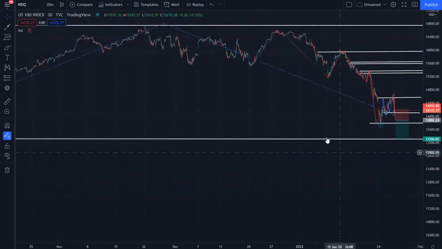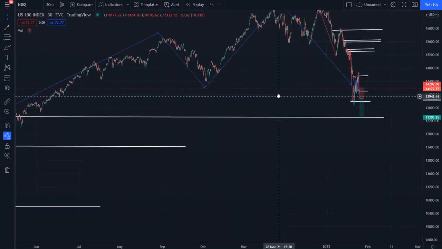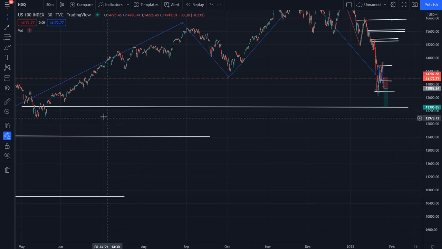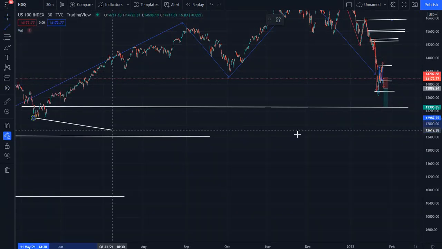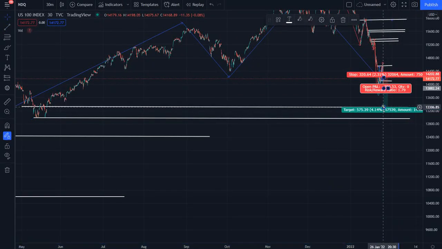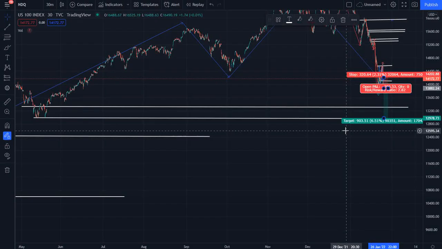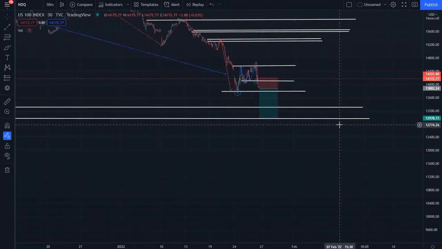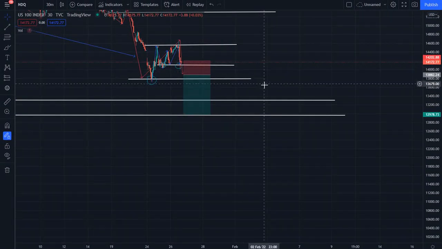However, you can even do more than that. As you can see, we have something here at this level, so we can even go all the way to this point. Every time you break one level, you can put another one.